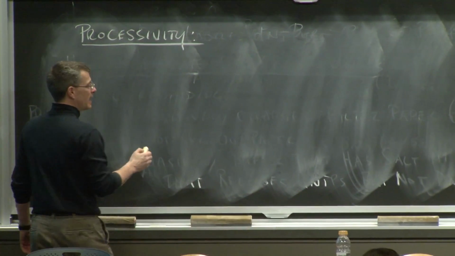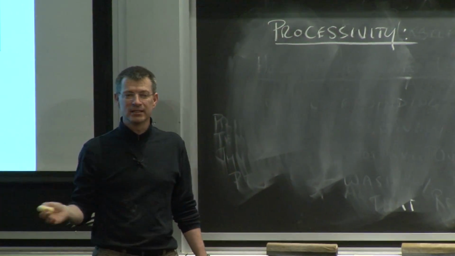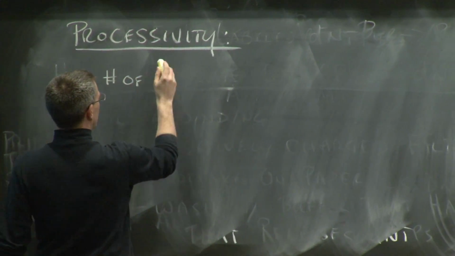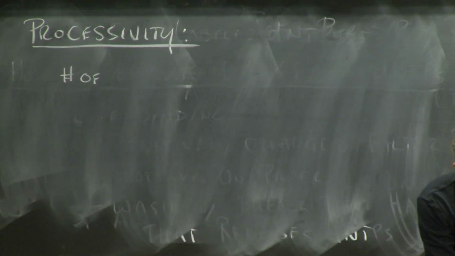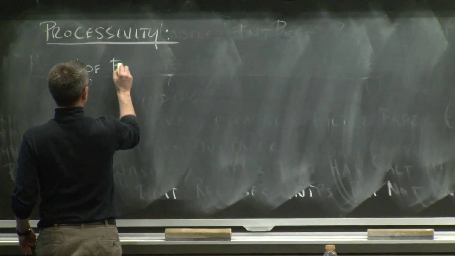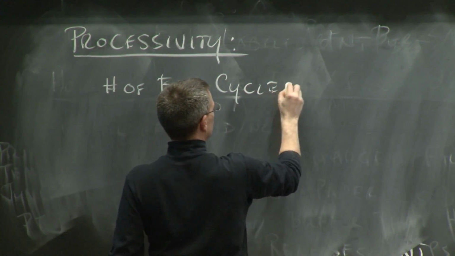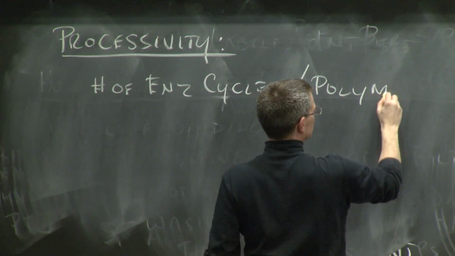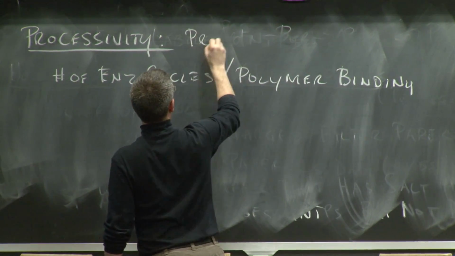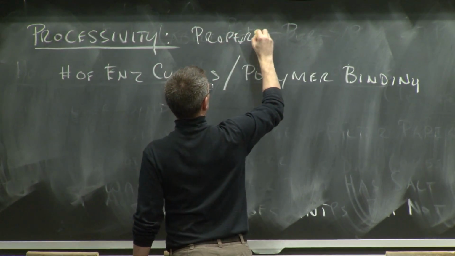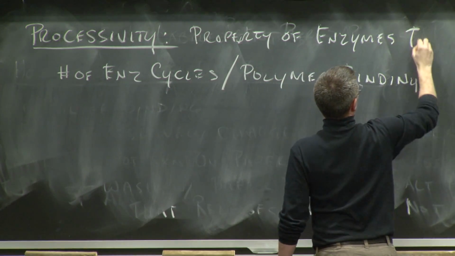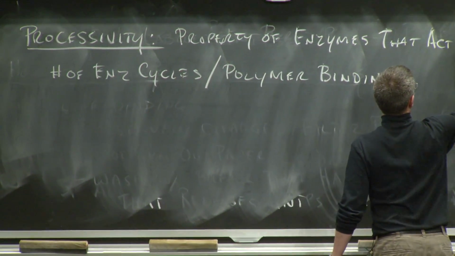So processivity has to do with reactions that work on polymers, or that synthesize polymers. And it is most simply defined as the number of enzyme cycles per polymer binding. Okay, so this is a property of enzymes that act on polymers.